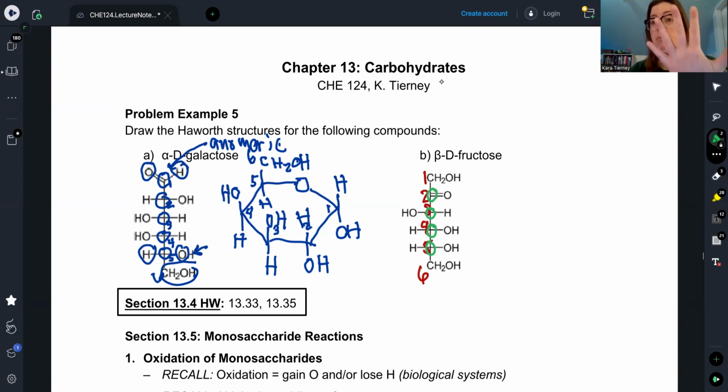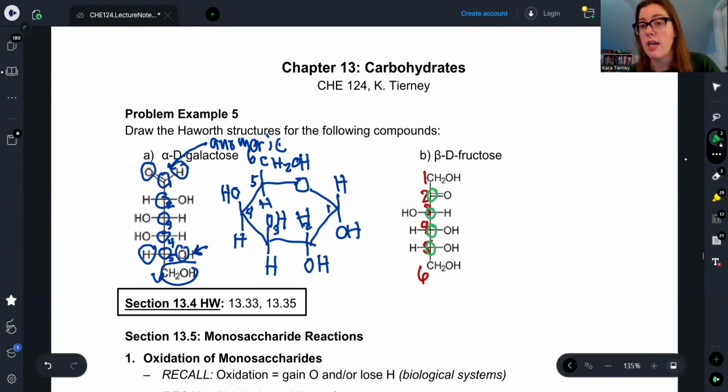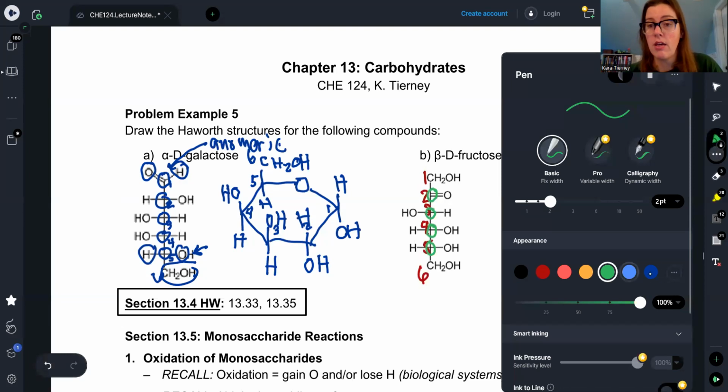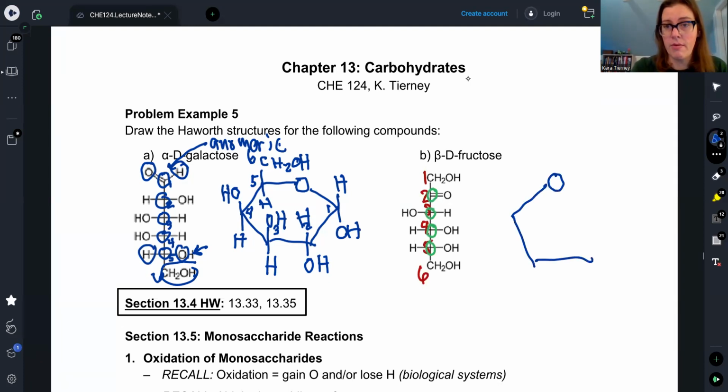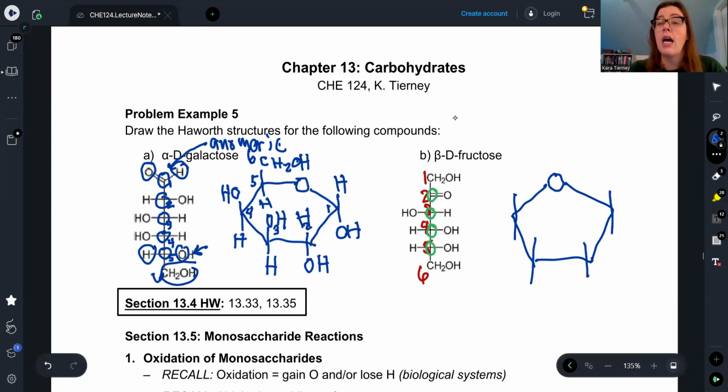This is going to be a 5-sided ring. When we do a 5-sided ring, we typically put the O at the top. So I'm going to draw a pentagon with an O at the top. 1, 2, 3, 4. Okay.